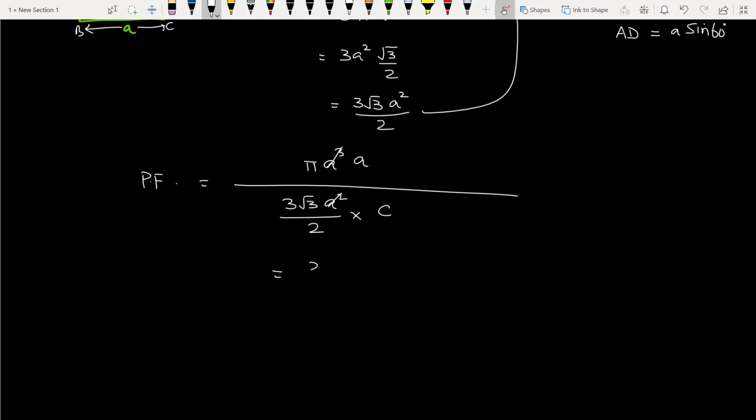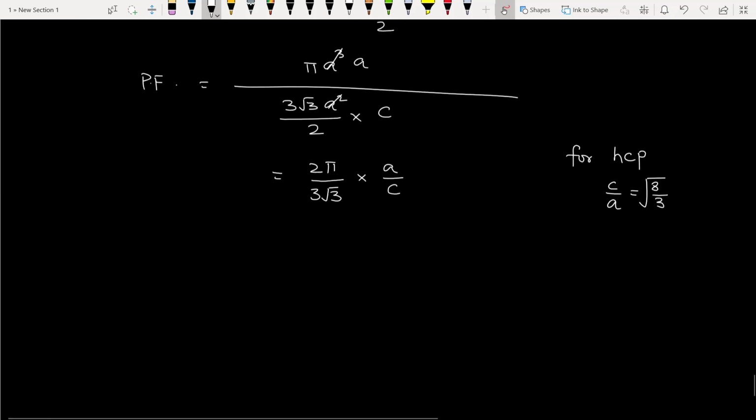So it is 2 pi divided by 3 root 3 into A by C. For HCP arrangement, C by A is equal to root 8 by 3.